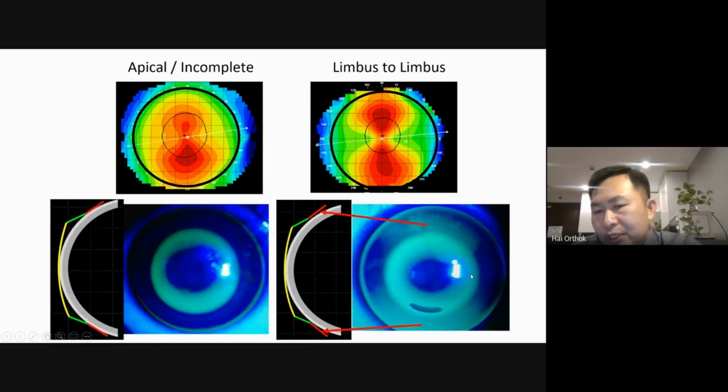So what does a toric lens or dual axis lens look like? It looks exactly like the picture you see here. We design the returning zone or alignment curve over here steeper and deeper, so it will lock onto the toricity area right here and right here.